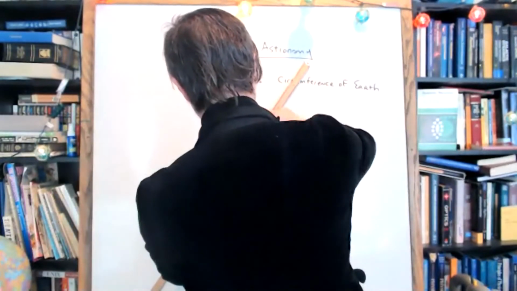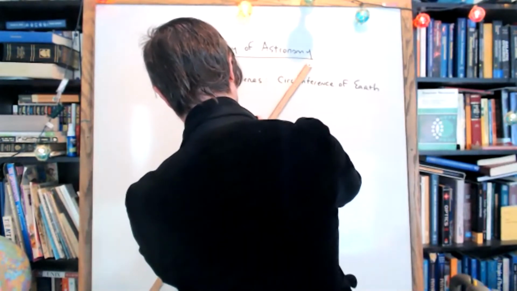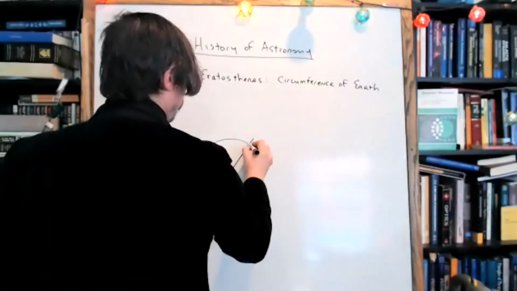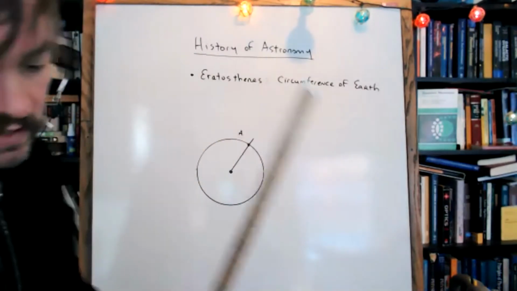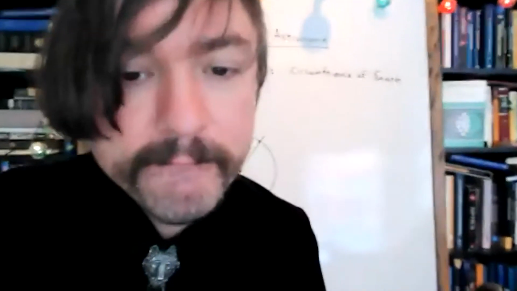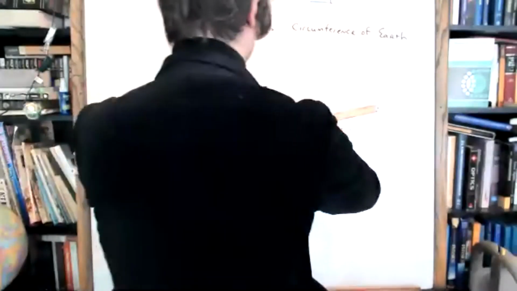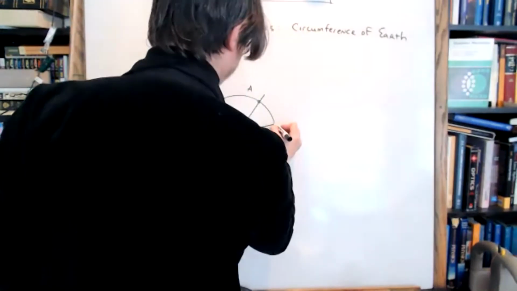So I'll draw a radius up here, and we'll put a stick in the ground. This will be the city of Alexandria, which I will label with an A. And here, I'll draw the radius of Earth going out to another city. This is Syene.